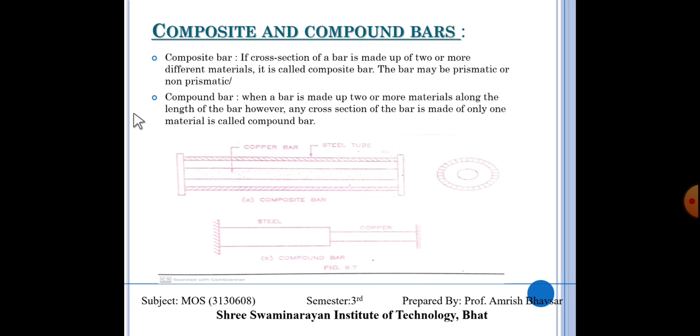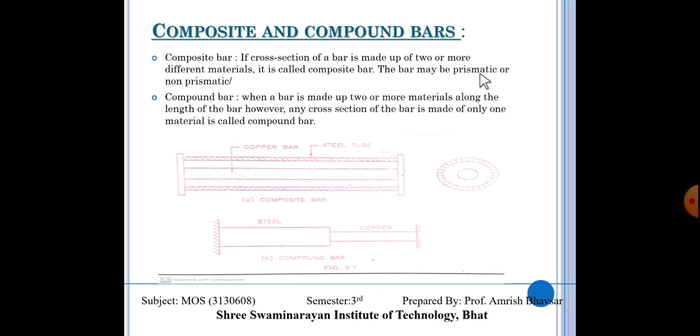Now composite and compound bar. What does it mean? Whenever we consider the cross section of the element, the cross section of a bar made up of two or more different materials is called a composite bar.